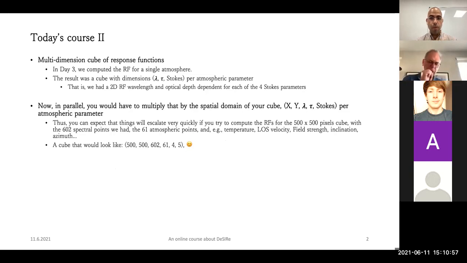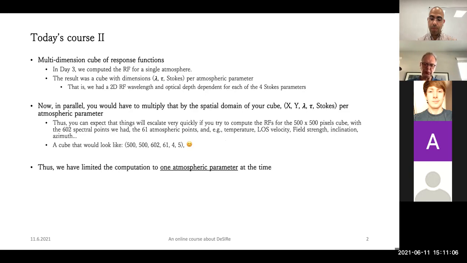So what we have done for the parallel version, to avoid collapsing your computer, is that we limited the computation to one atmospheric parameter at a time. If you have told SER to compute several response functions, you will only get one. The current version doesn't stop.